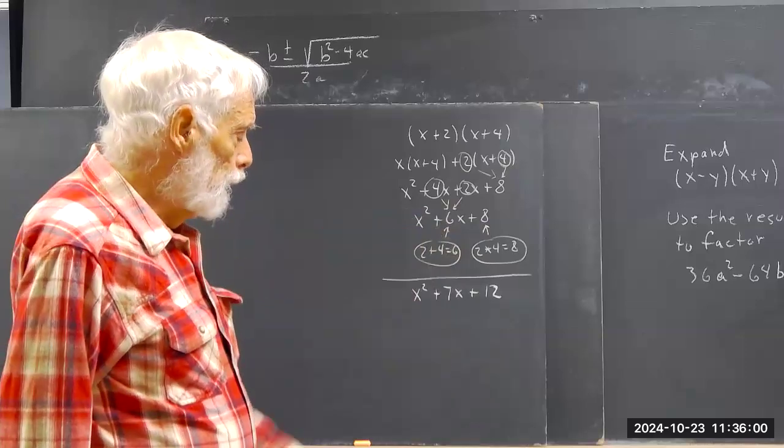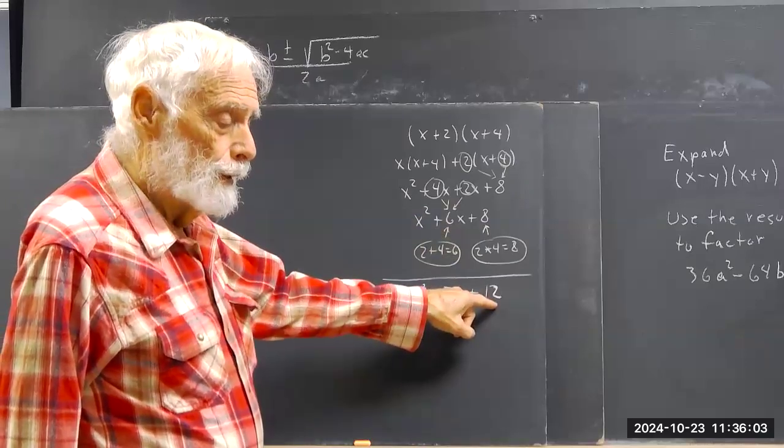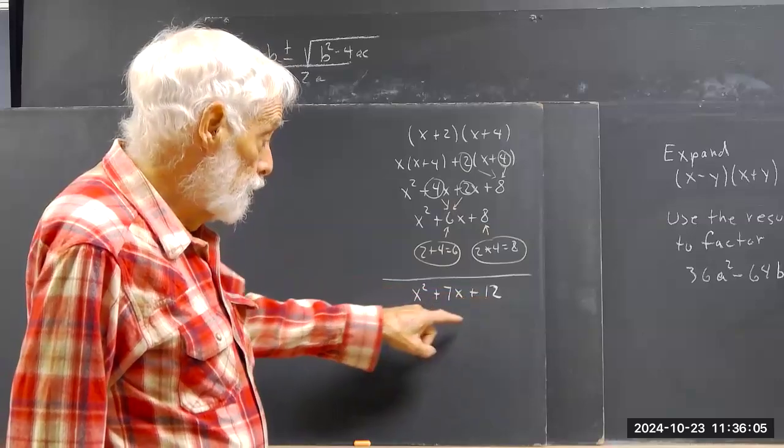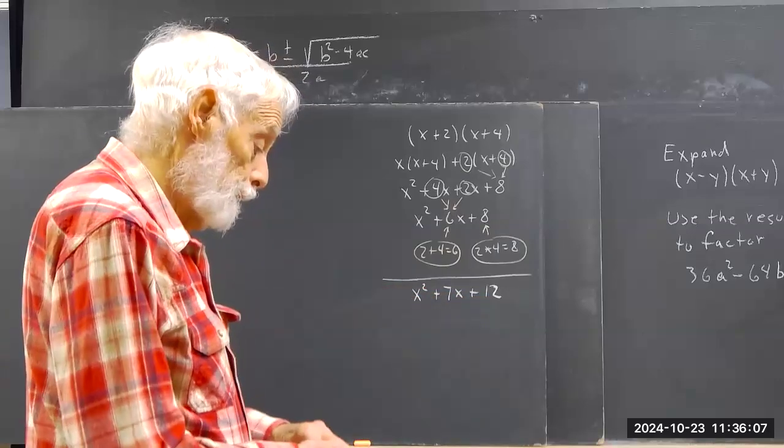Okay? Can you find two numbers whose product is 12 and whose sum is 7?